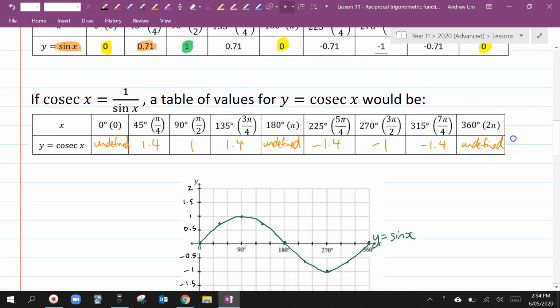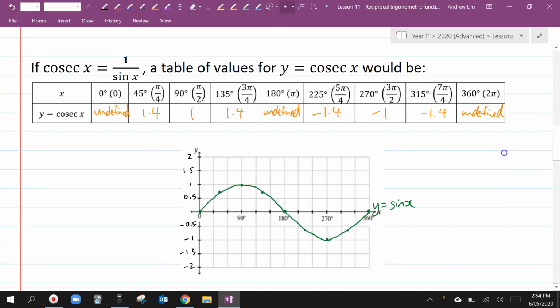And so when we graph this, wherever it says it's undefined, there has to be an asymptote there. A vertical asymptote. Okay, it's not going to cross that line. At 0, or 180, or 360. Okay, so those are our vertical asymptotes.